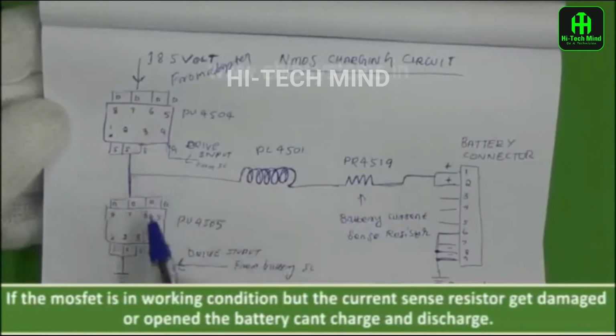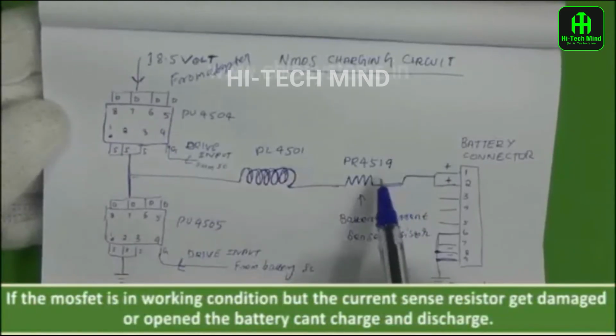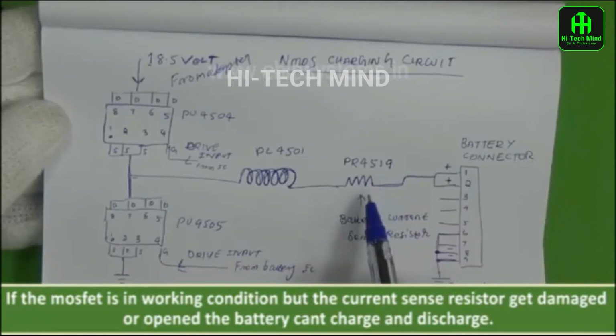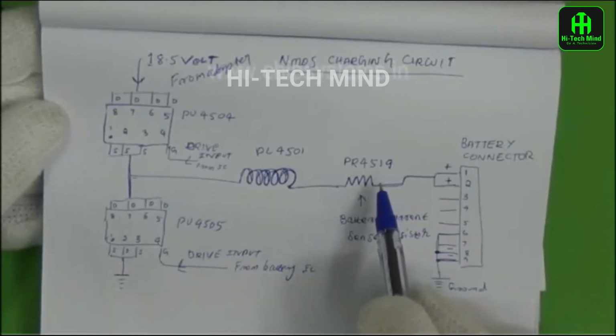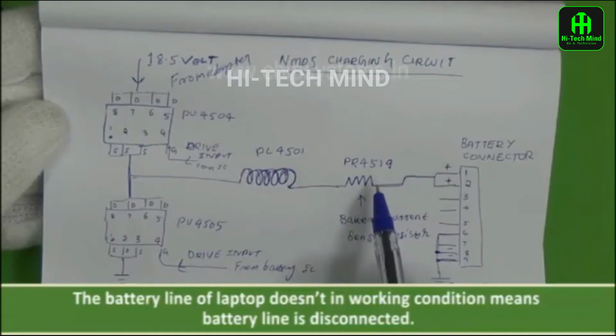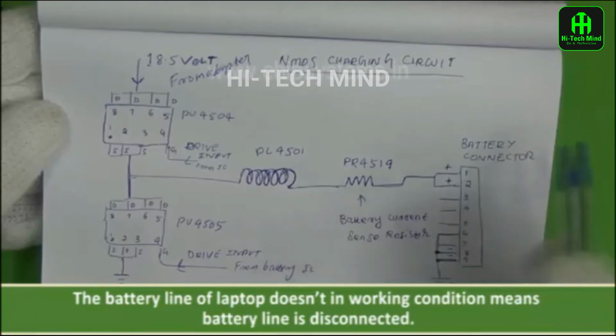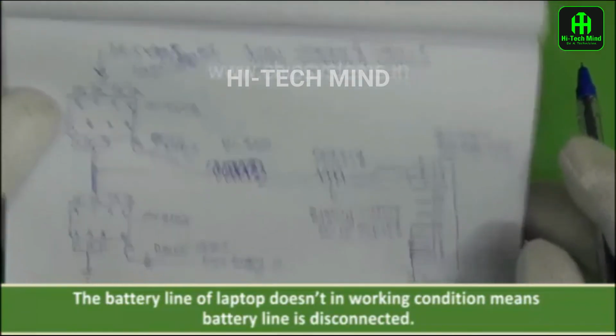If the MOSFETs are in working condition but the current sense resistor gets damaged or opened, the battery can't charge and also can't discharge. The battery line of the laptop is not in working condition, meaning the battery line is disconnected.